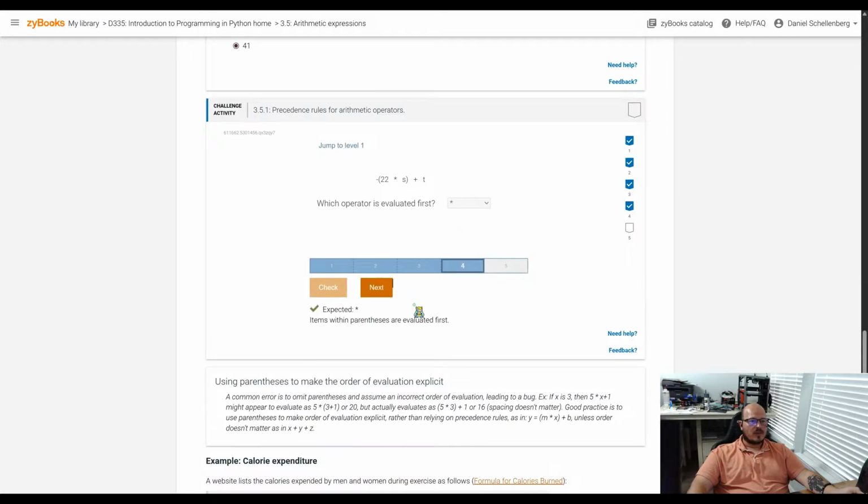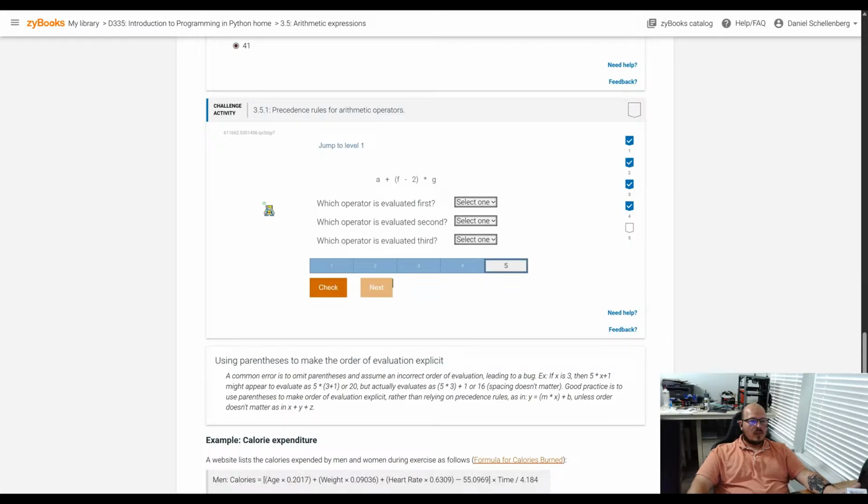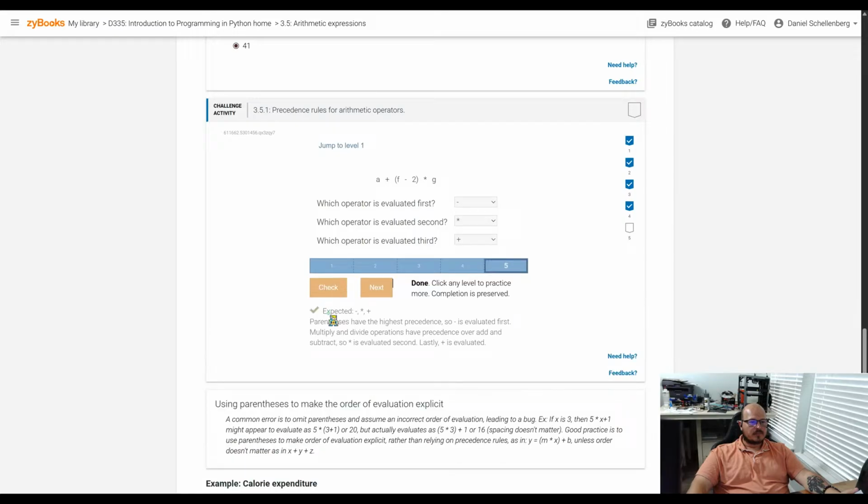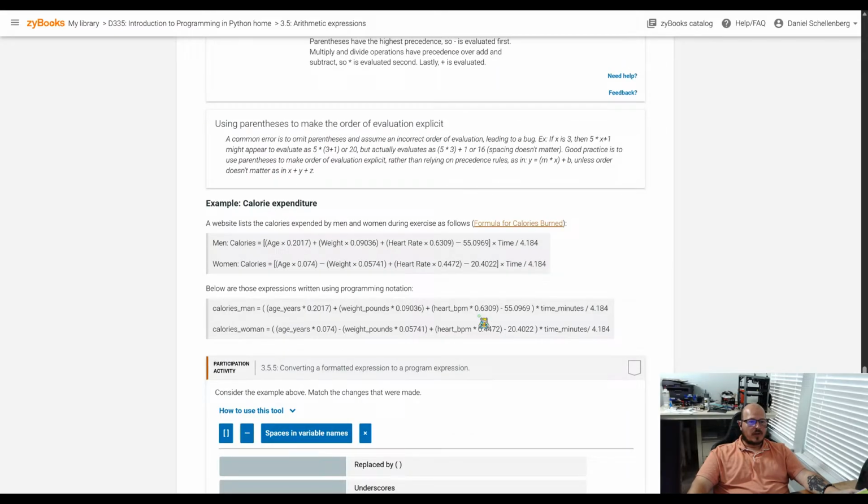There we go. First will be the parentheses, so the minus. After the minus, it will be the multiplication. After the multiplication, it will be the addition. Boom. Moving on.